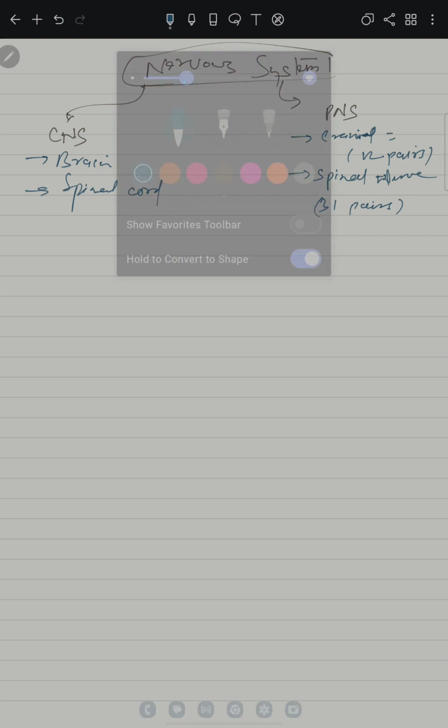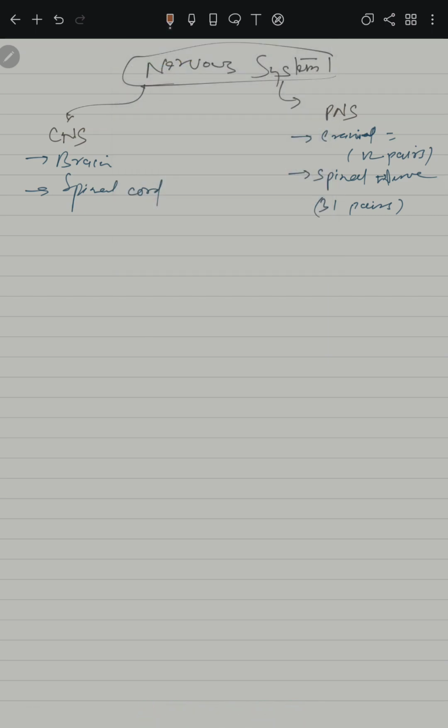Now we come to the brain. It's a rough diagram. I'm not good at diagrams, so it's a rough diagram.